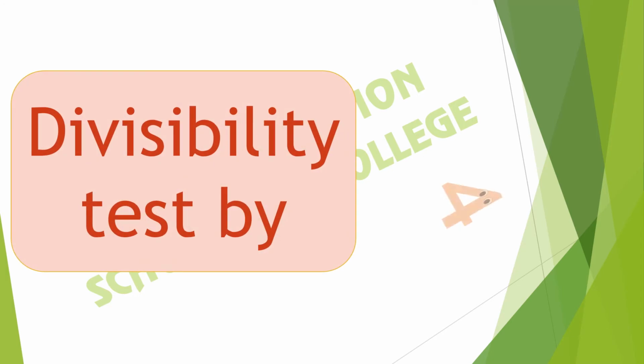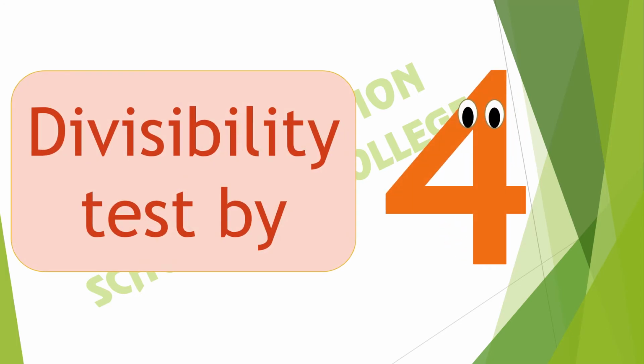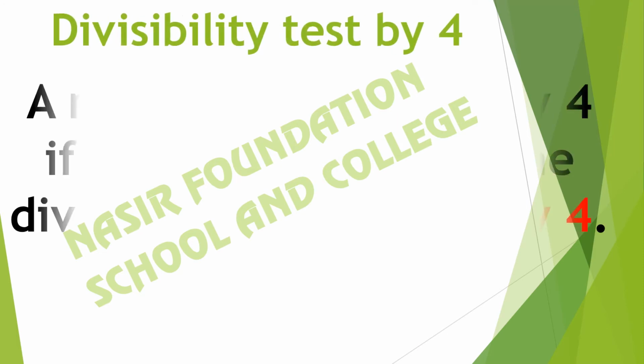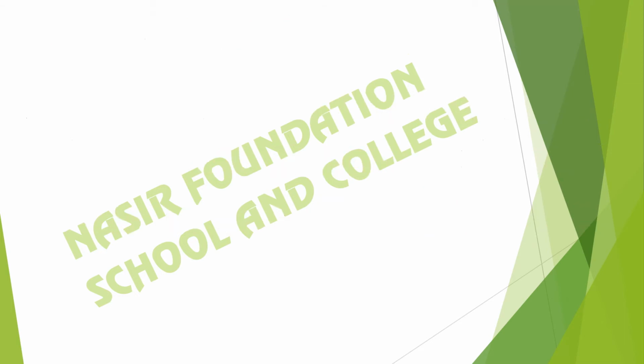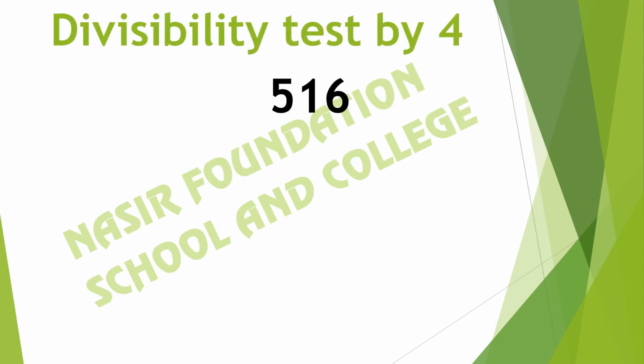Divisibility test by 4. A number is divisible by 4 if the last 2 digits of the dividend are divisible by 4. Here we have the number 516. We will check the last 2 digits, 16.